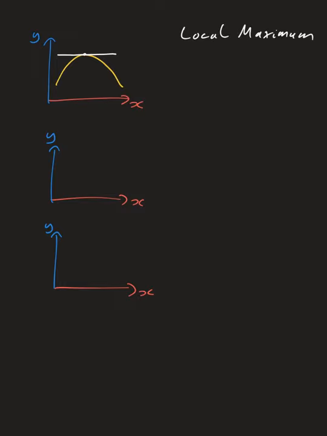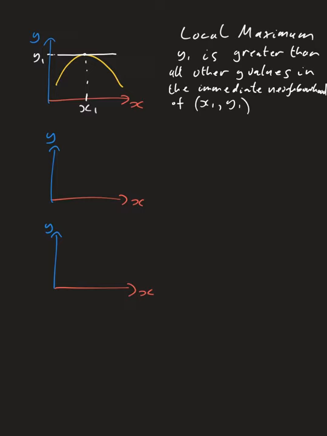If that point is at position x1, y1, then it's a local maximum if y1 is greater than all the other points in the immediate neighbourhood of the point x1, y1. We say it's a local maximum because this curve could reach higher y values somewhere else, but just not in the immediate neighbourhood of that stationary point. So that's the local maximum.